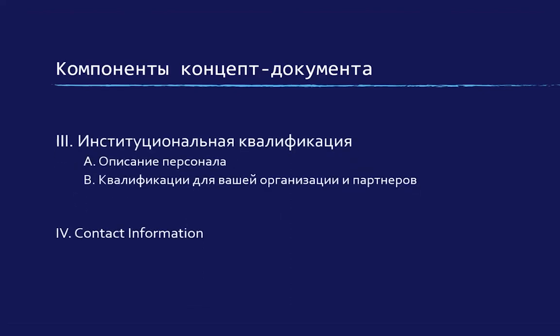Last part will be the institutional qualifications, which we'll call the key staff. You don't include everyone, just include your top 3 or 5 people, depending on the size of the project. And then we'll talk about how to describe your organization, what we call the quals for your organization, the institutional qualification, why you as an institution are capable of implementing this project.